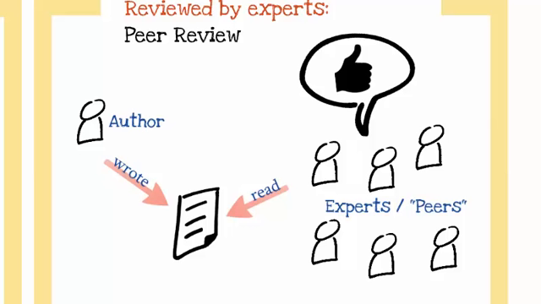And most importantly, they're usually peer-reviewed. If an article is peer-reviewed, the author writes it, and then different experts read the article. They decide whether the research was done properly and whether the article is of high quality. If the article is approved by these peers, it gets published.